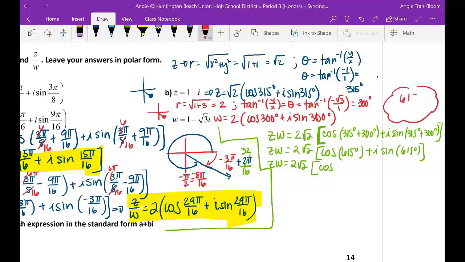615 is the angle we have. Take away a full revolution. So let me confirm really quickly. 615 minus 360 is 255. I am sorry, 255.